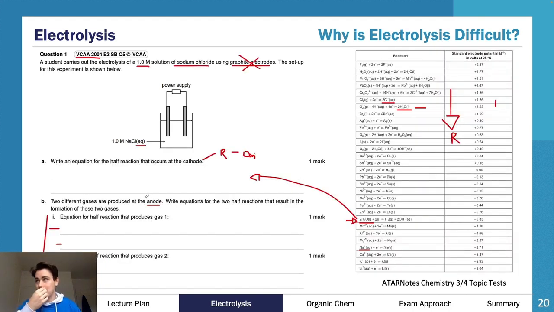So this is a concept that used to be part of our study design way back when, and it sort of got removed, and now it's coming back into phase, and they really want you to understand it. The electrochemical series is done at SLC conditions. We understand that. SLC conditions, 1 molar, what else is there? 1 molar, 25 degrees Celsius or 298 Kelvin, 100 kilopascals if you're working with a gas.